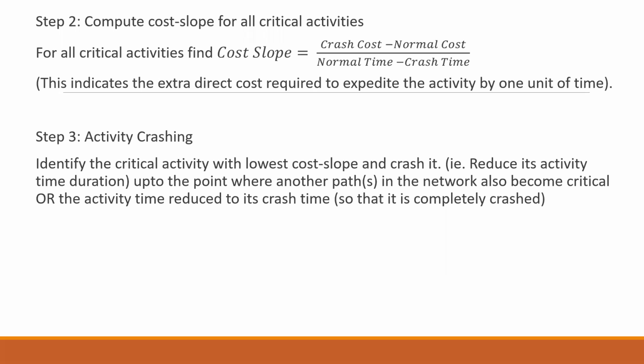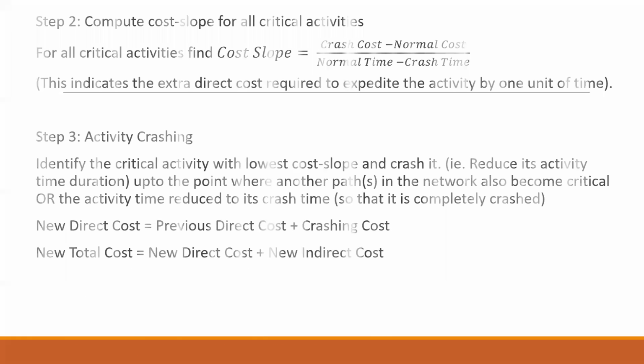So step 4 would be to find the further scope for crushing, whether I can crush it further. And as I told you, we need to find the direct cost and the total new cost as well. The fourth step is to find the further scope for crushing. Now, after crushing, what is a critical activity?